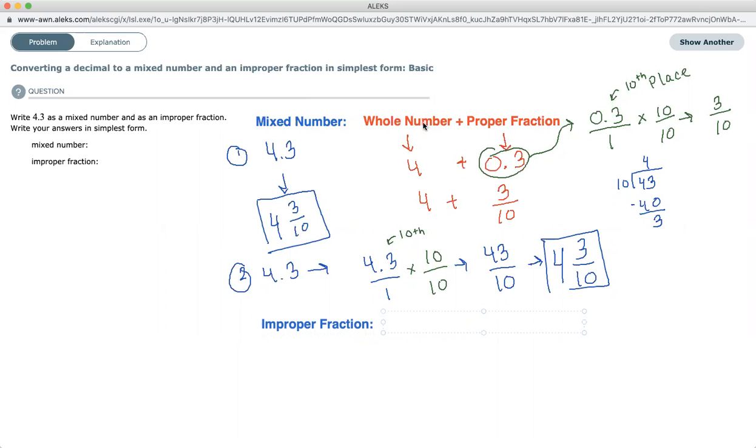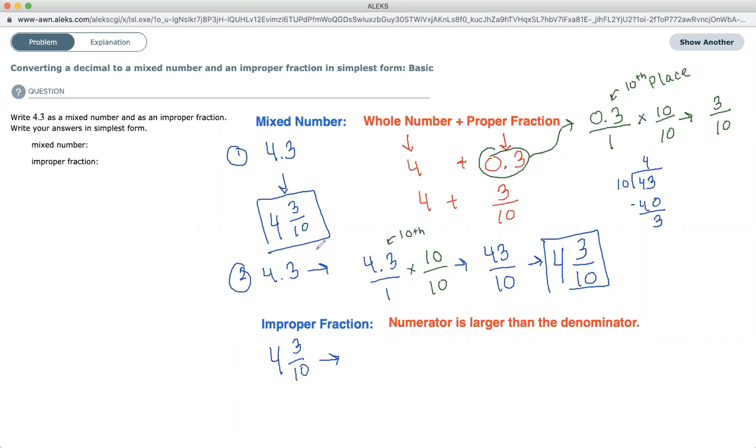So it is in fractional form, but for an improper fraction, numerator and the second method for the mixed number actually gave us the improper fraction. So once you have the mixed number, you can write that in improper fraction form.